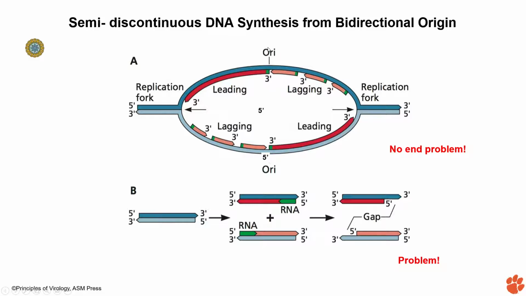On this strand, you can easily see that when the replication is happening right here, from 5' to 3', this is being made in a continuous form, and these are made in a discontinuous form with the Okazaki fragments. Now, just make sure that you clearly understand how this is happening.